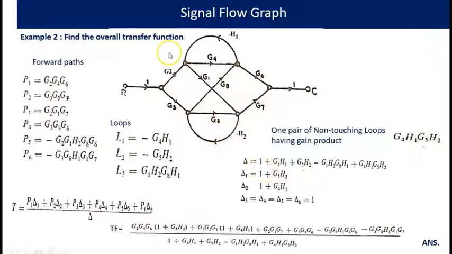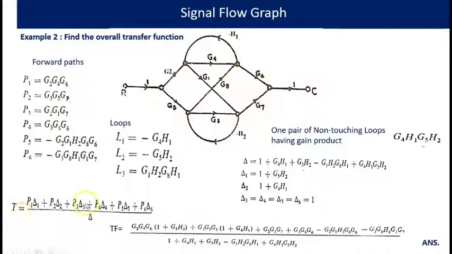Delta 1 for the first forward path: the loop G5 H2 is not touching it, therefore 1 plus G5 H2. Similarly delta 2 for G3 G5 G7: the loop G4 H1 is not touching this forward path, so 1 plus G4 H1. For all other forward paths, all loops are touching, therefore delta 3 to delta 6 is equal to 1.